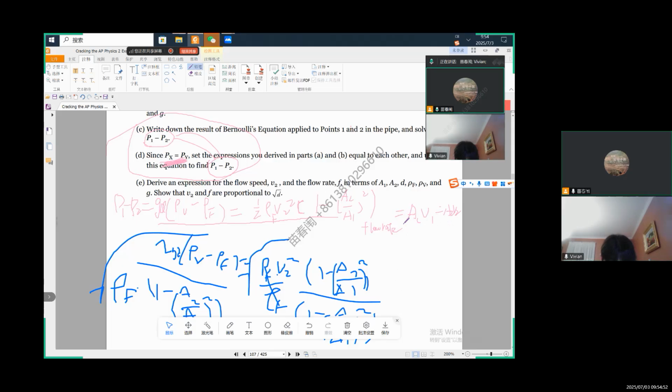So for this one, I can just use A2 times V2 for the flow rate, right? Because A2, I definitely know, and V2 is what you just found in this one.